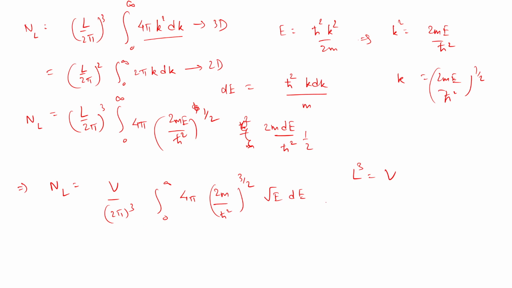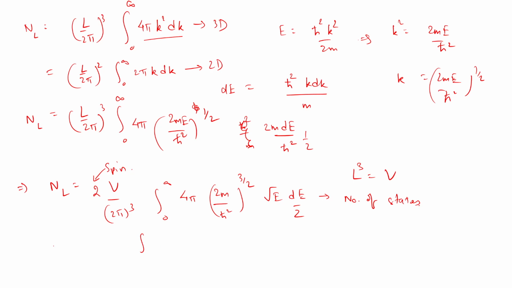Okay, so now we have obtained this one, and this is the number of states over 2. We have to find the number of states, and we have to multiply by another factor of 2, which comes from the spin. Every k state will have a spin degeneracy of 2.